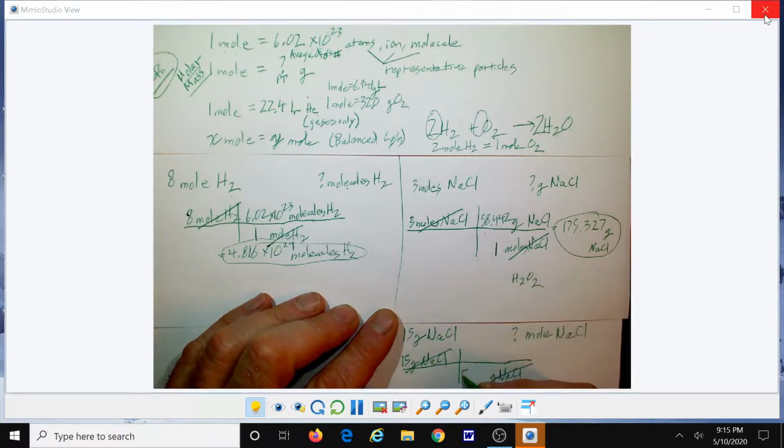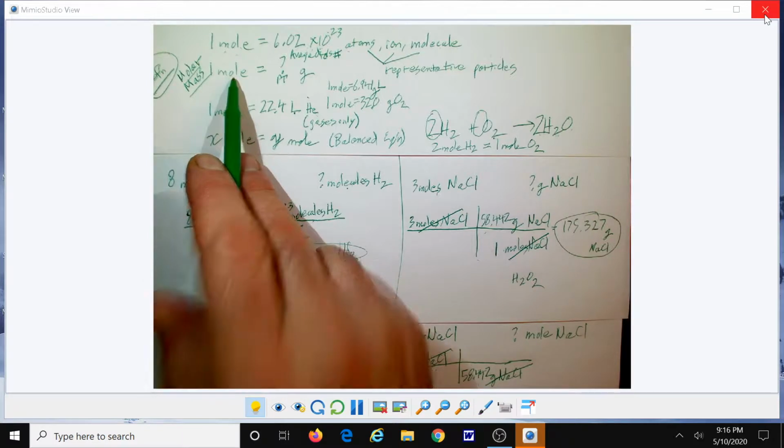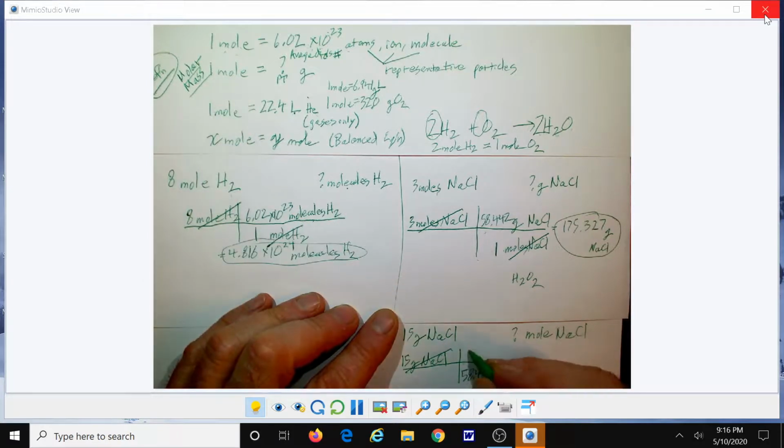It's 58.442. And then here it tells us 1 mole is on the other side of the conversion factor. So on the other side of the conversion factor is 1 mole of NaCl. And then you would just go ahead and divide the two numbers to solve.